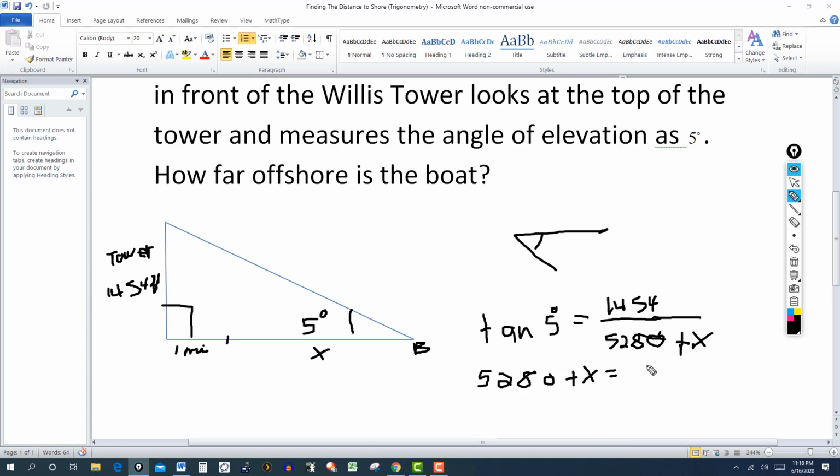That gives me, on this side, 1,454 divided by tangent at 5 degrees. And then you just do your calculations.